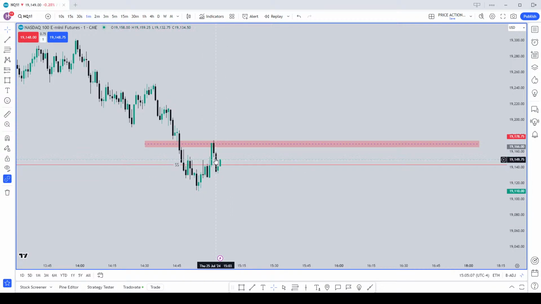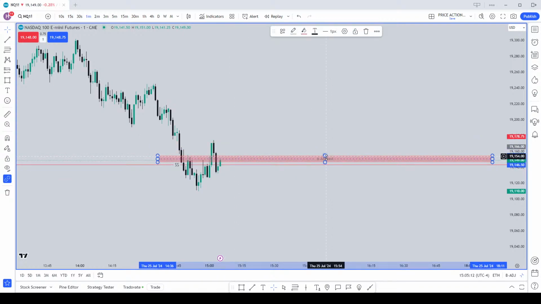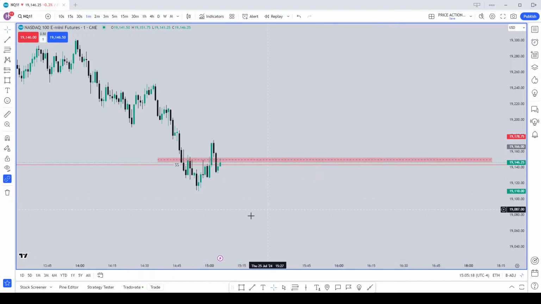But again, this is actually another gap right here. So you can see this is one right here. It needs to respect it and cannot trade above it.